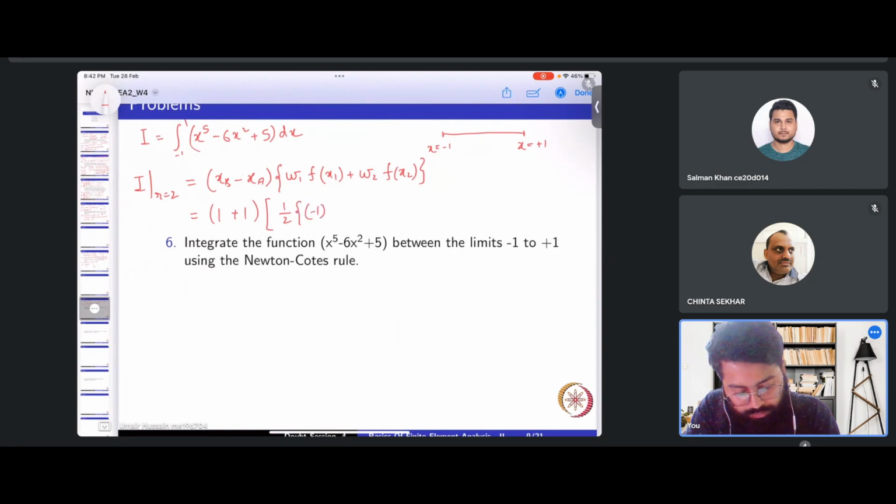So minus 1 to the power 5 minus 6 into minus 1 square plus 5. Again we have half of the value of function at plus 1. 1 to the power 5 minus 6 into 1 square plus 5.